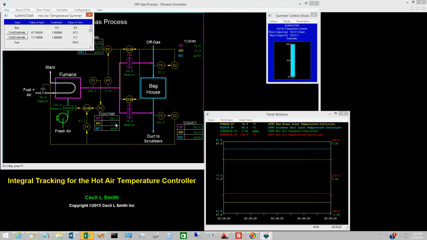For integral tracking, the controller output is the analog value for tracking plus the proportional term of the control equation. The proportional term is the product of the controller gain and the control error. The larger the control error, the greater the difference between the controller output and the analog value for tracking.